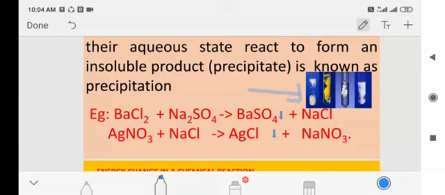And just see here, I placed two downward arrow signs. This downward arrow sign shows that the products are insoluble. An insoluble product we call in chemistry a precipitate. So a precipitate is represented by a downward arrow sign.